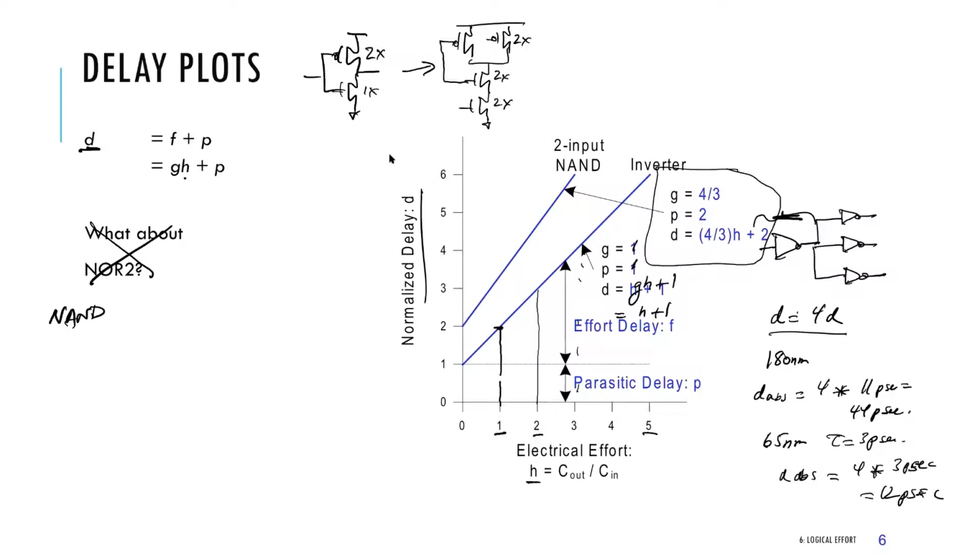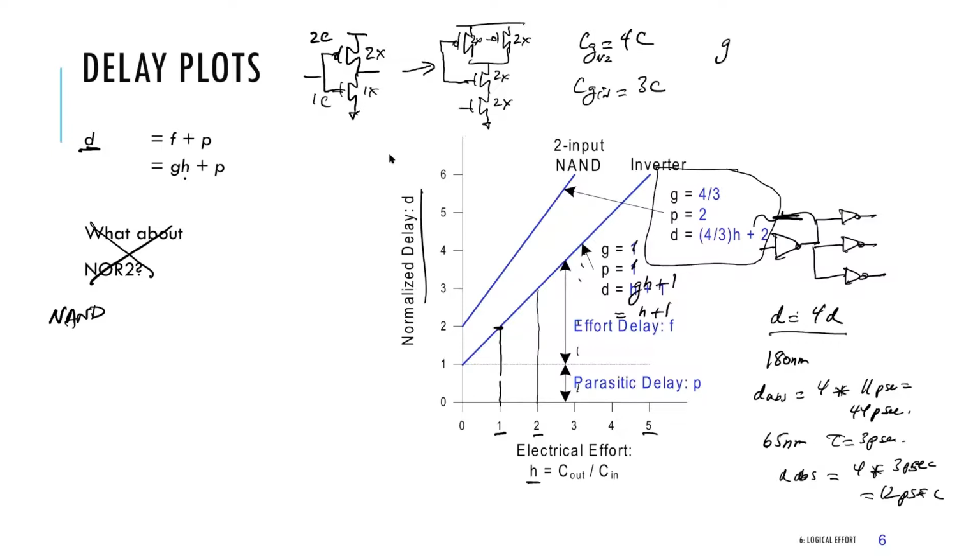In this case, the P is 2x and the N is 2x, so the gate capacitance is 4C. Notice the gate capacitance for a unit inverter was 2C for the P and 1C for the N, so C gate for the inverter was 3C.